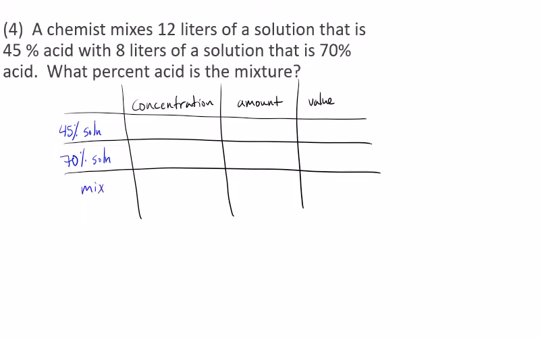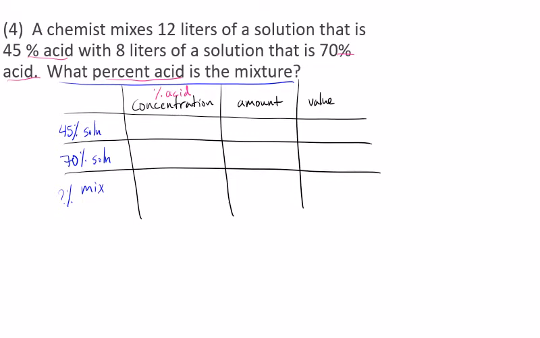And we don't know what percent concentration it is. I told you earlier that a lot of times amount is your X, but this time we're looking for the concentration, the percent concentration, and we're measuring percent in terms of percent acid. So let's keep that in mind. So percent acid.